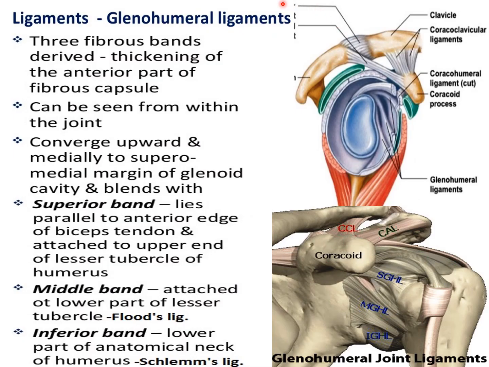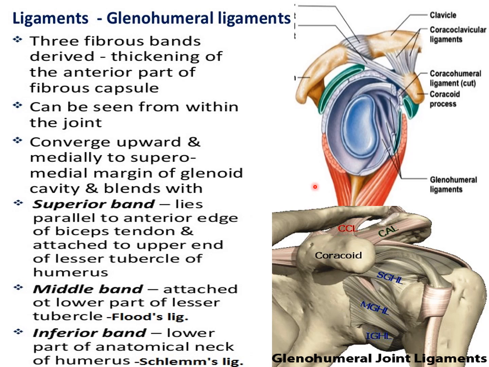Coming to the glenohumeral ligaments. These are three in number: the superior glenohumeral ligament, middle glenohumeral ligament, and inferior glenohumeral ligament. Here you can see superior, middle, and inferior glenohumeral ligament.